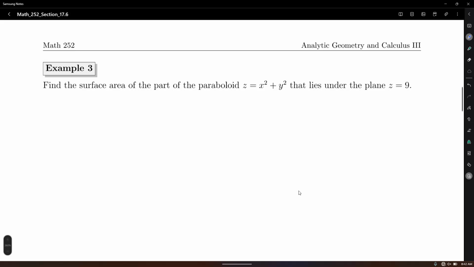Why do we set them equal to each other? Sorry, to find the intersection. But how is that intersection useful to our purpose? In terms of setting up the double or triple integral, it doesn't matter, because right now it's going to be from 0 to 9.